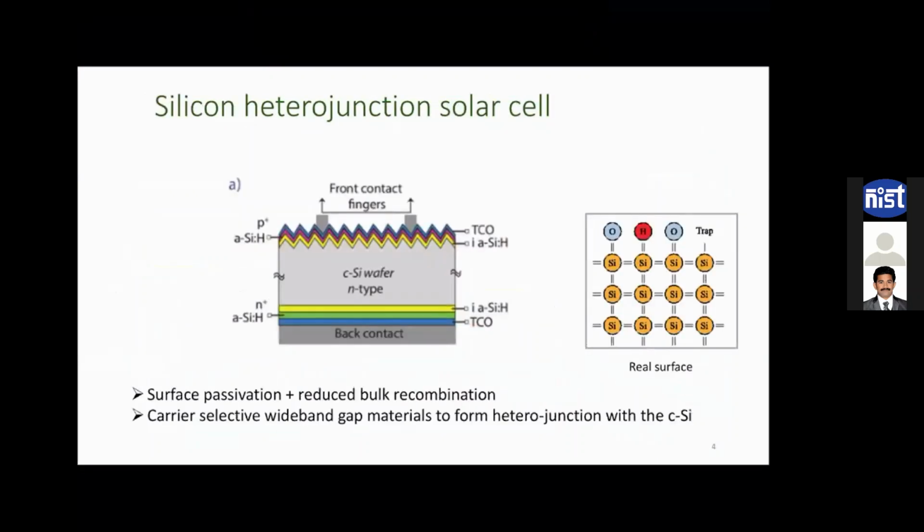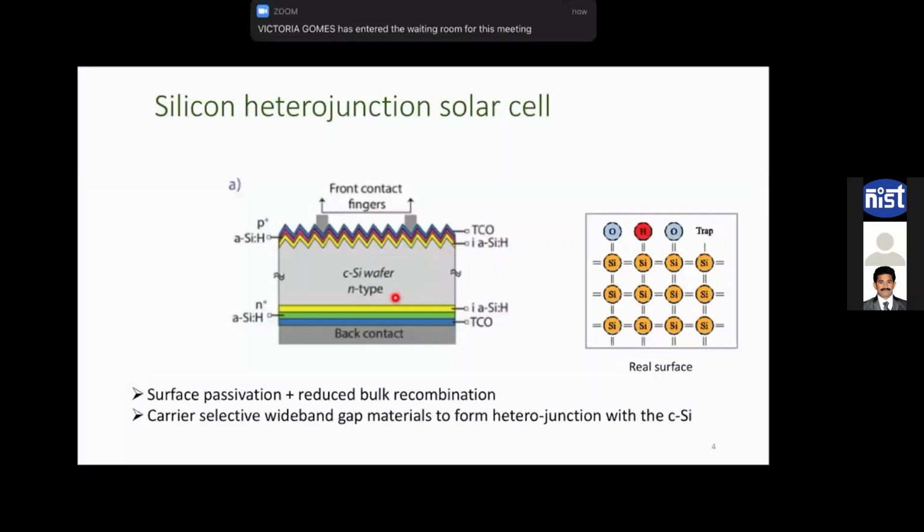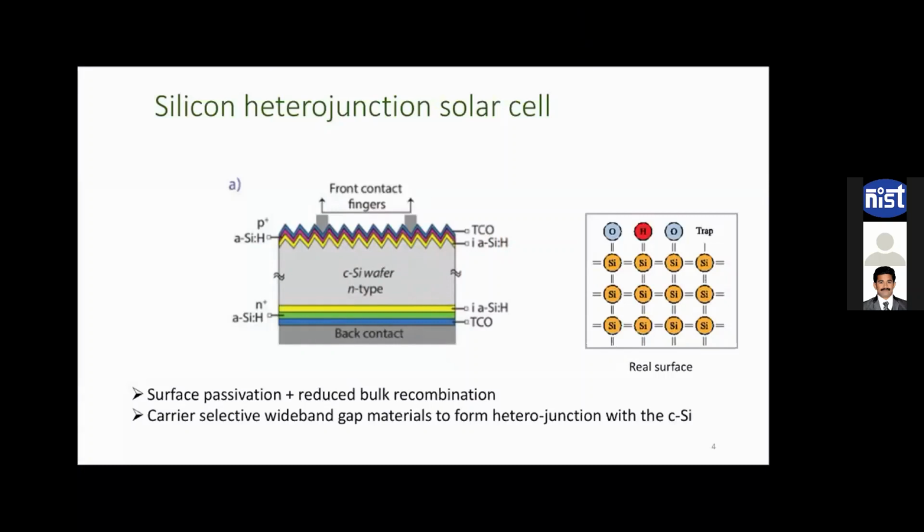Then we have seen the device structure of a heterojunction solar cell, where amorphous silicon is used as the heterojunction forming material with the crystalline silicon absorber layer. The role of the amorphous silicon is twofold here.